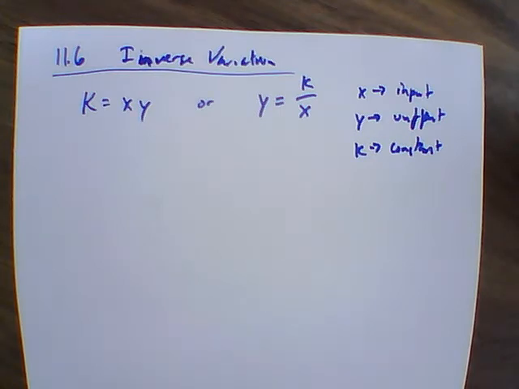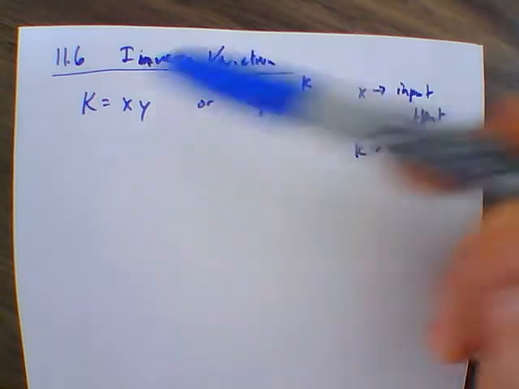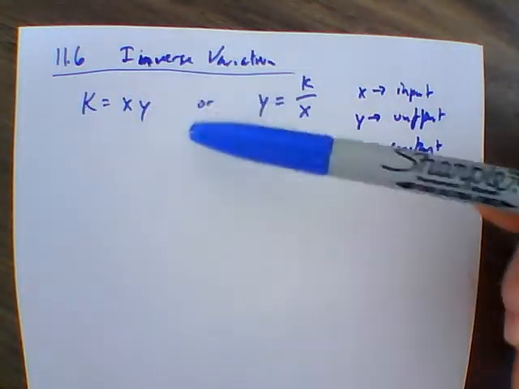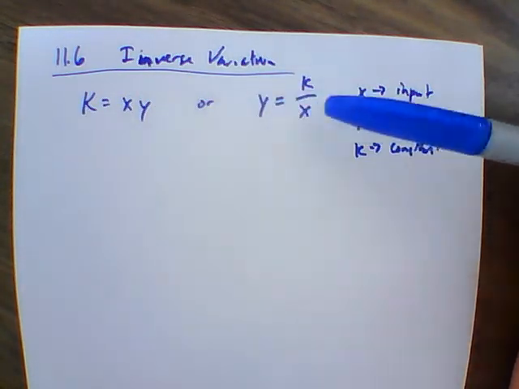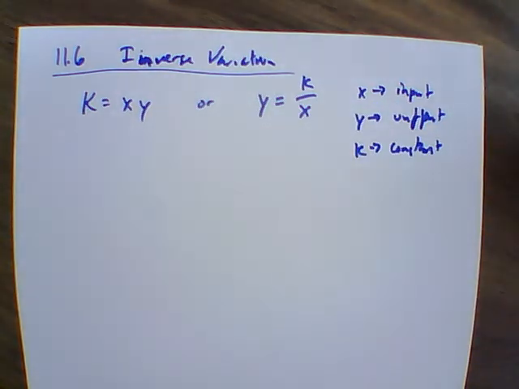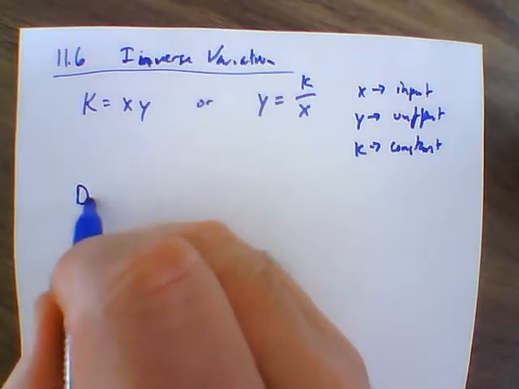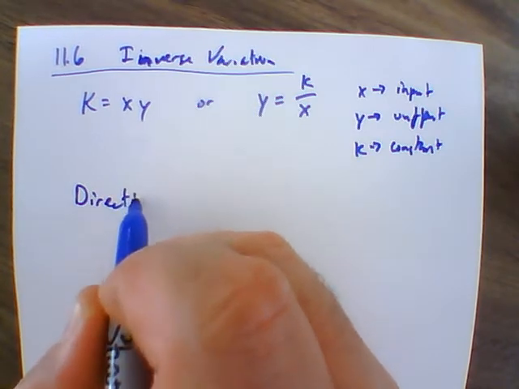But for the most part, inverse variation has a different style. One's going to be large, one's going to be small, and they're going to kind of reflect about with each of those.